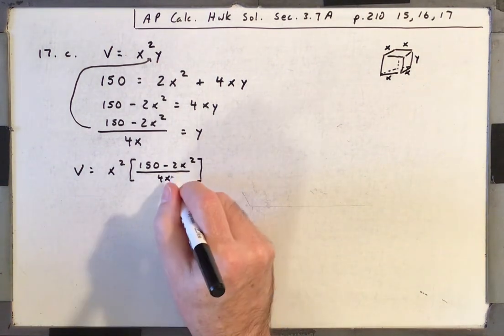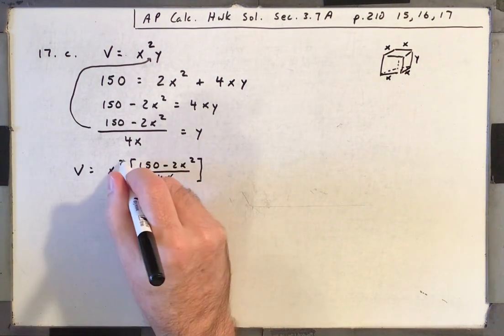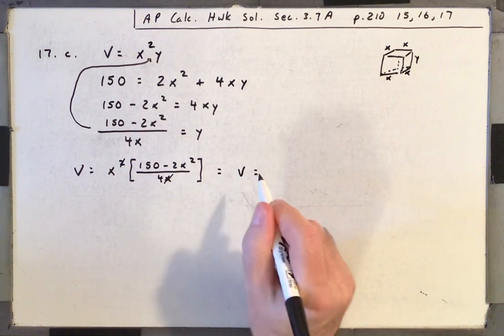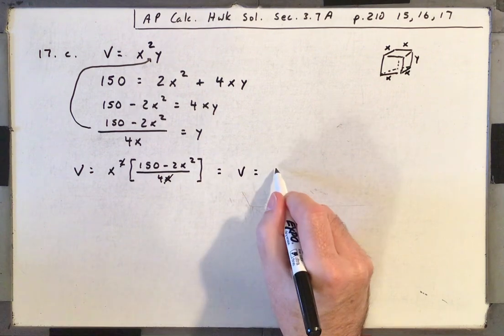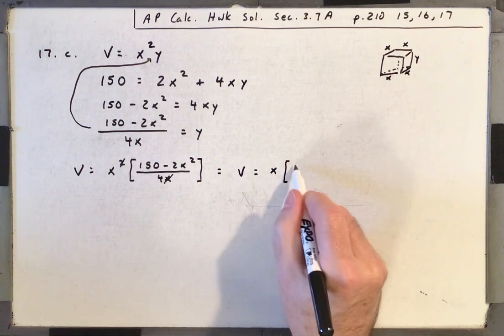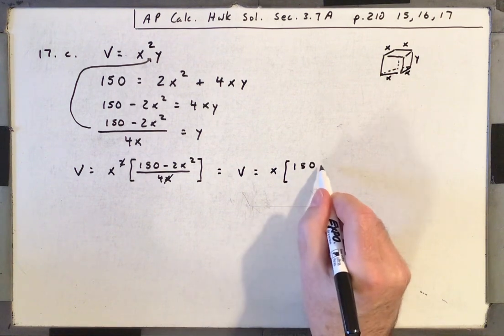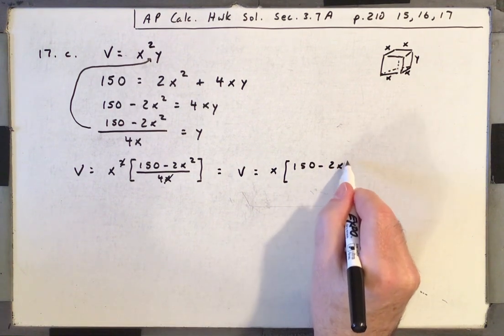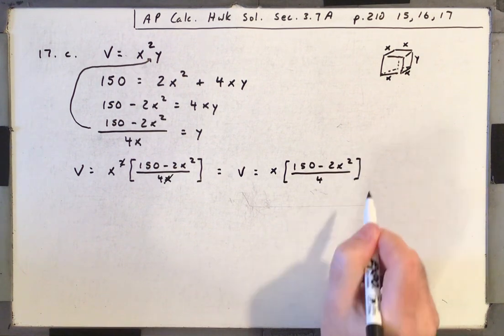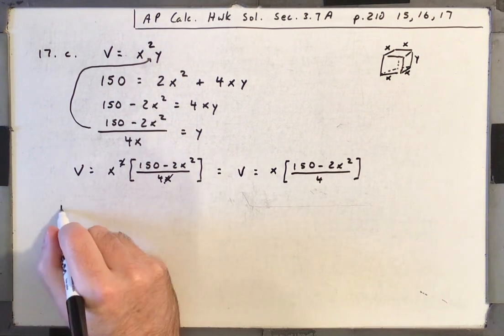Okay, I can get rid of one x on the bottom there, and volume then is going to be x times 150 minus 2x squared over 4. Let's distribute the x.